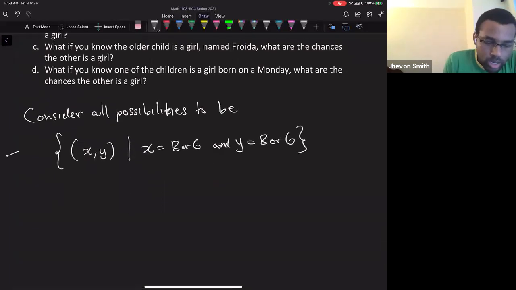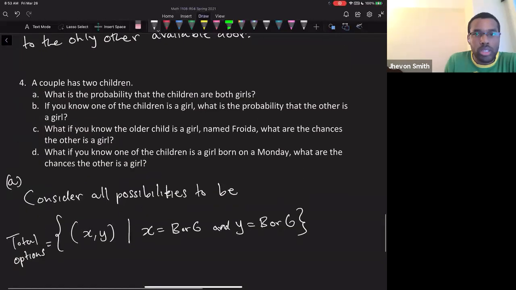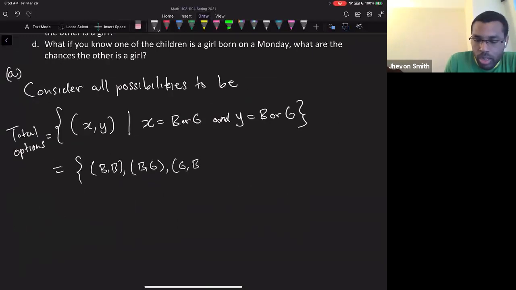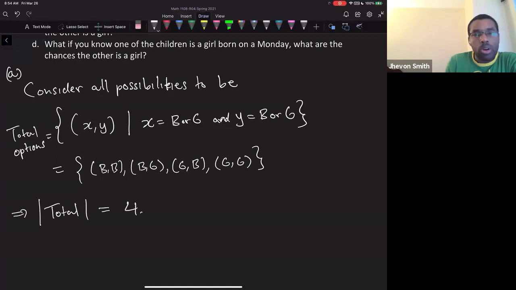So these are the total options, and that's for part A, where we're giving no restriction. So now when you look at that, you're going to notice that you can have a boy and a boy, you could have a boy and a girl, you could have a girl and a boy, you could have a girl and a girl. And so now you look at the size of the total options, well, that's 4.